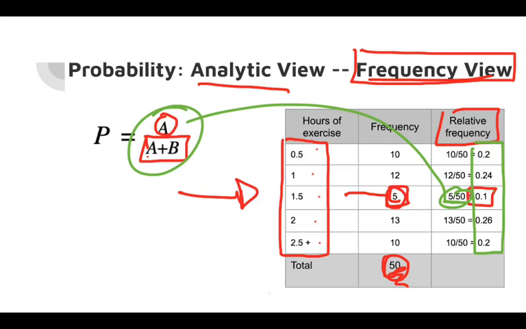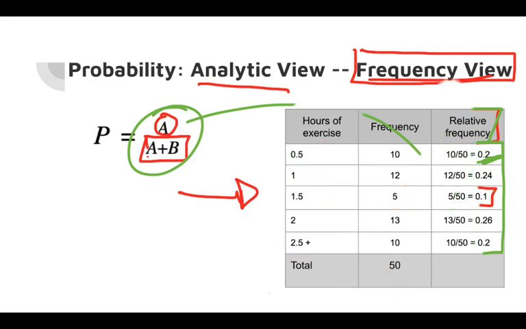So again, if you have the relative frequencies, you're looking at the probability of whatever that trait is. In this case, I'm highlighting the half hour, right? Of the sample I took, you have a 20% chance of picking someone out of that group that exercises for only a half an hour a day.